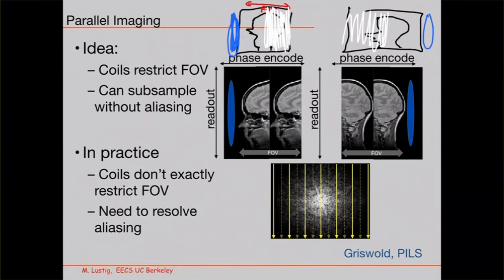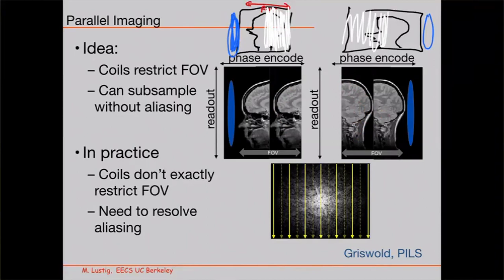Does that make sense? Okay, so what happens if I actually reduce the field of view? I'm going to get aliasing. But because this is half a head only and it occupies half of the field of view, the aliased part doesn't overlap with anything. And in this case, it's exactly the same: the part that aliases overlaps with the empty region, not with the signal.